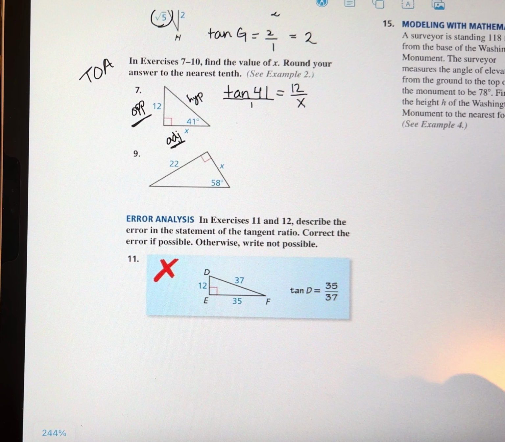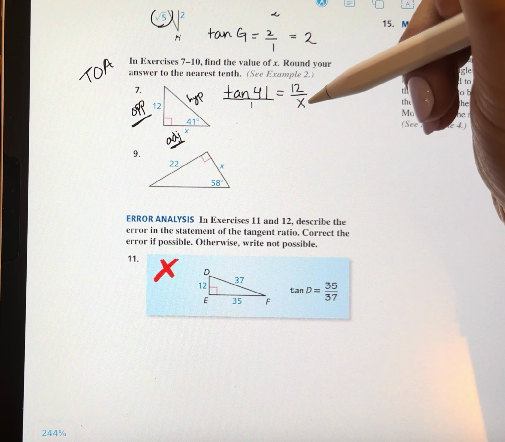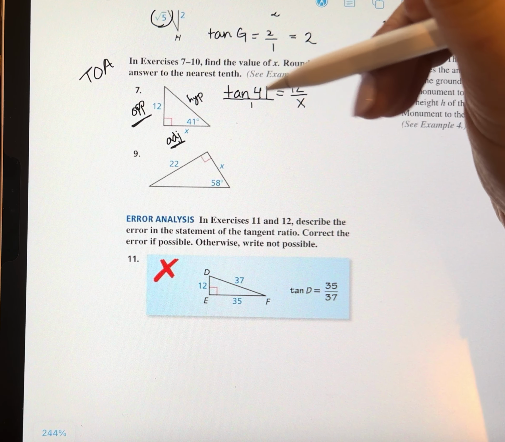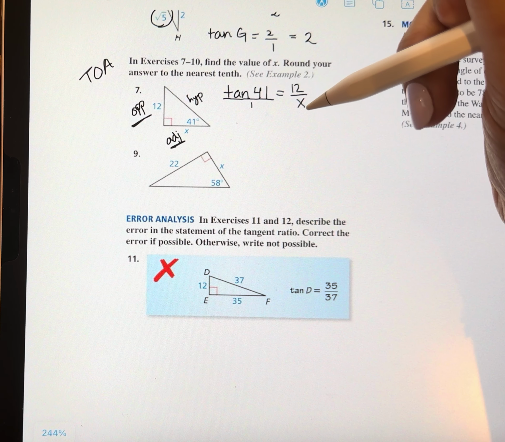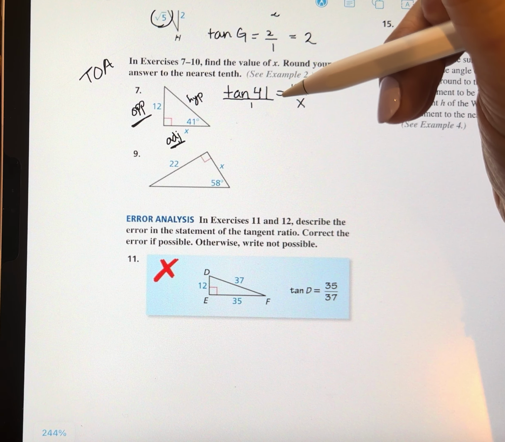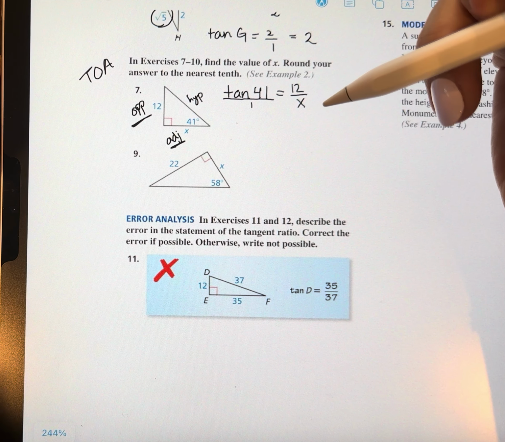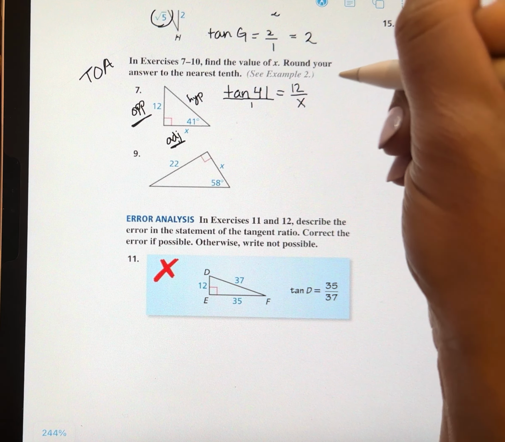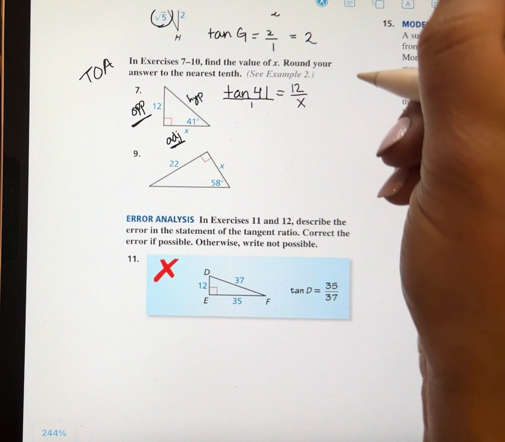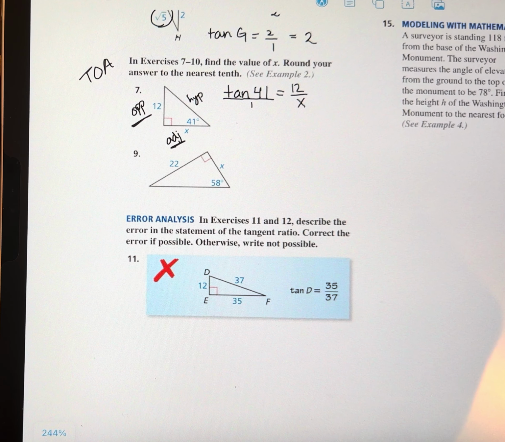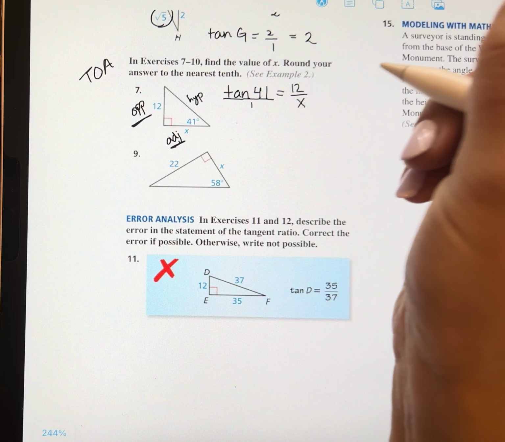The other thing that you'll see with a pattern is that the tan 41 and the x will kind of switch places, and it'll be x equals 12 over tan 41. You could use that shortcut if you want, but I don't want to confuse anyone, so I'm not going to use a shortcut. I'm just going to cross multiply.